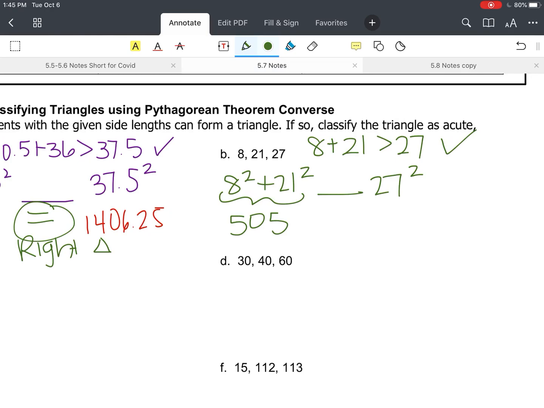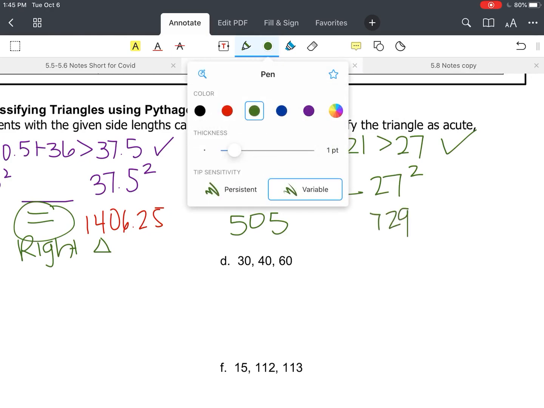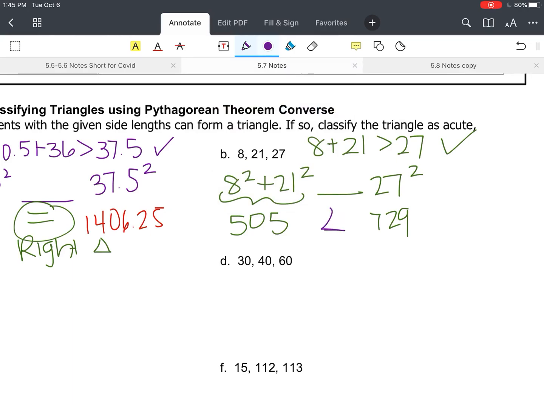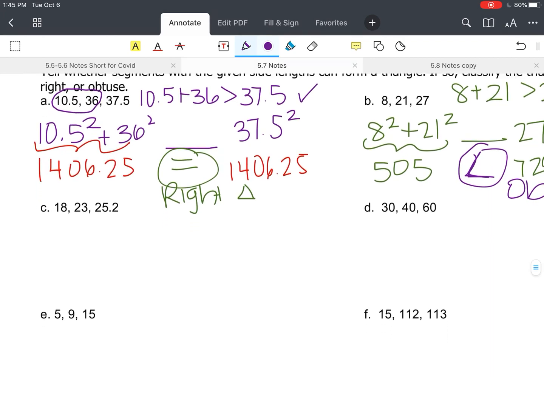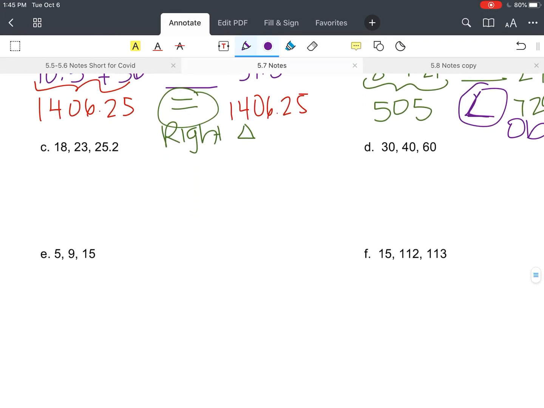That's what we're trying to figure out. 8 squared plus 21 squared in the calculator is 505. 27 squared is 729. Comparing these two numbers, 729 is bigger. So because your c squared is bigger, this is an obtuse triangle. That's what the chart above tells me. It'll be obtuse.